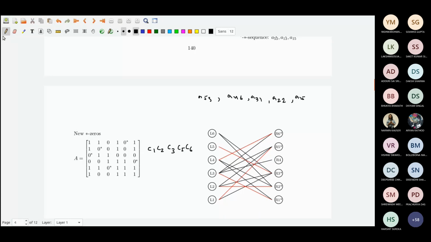Then I see, is there one uncovered 0? Yes, there is one uncovered 0, and it is in third row, fourth column, so A34. Because A34 is there, the third row will be coming, and the first column will go.